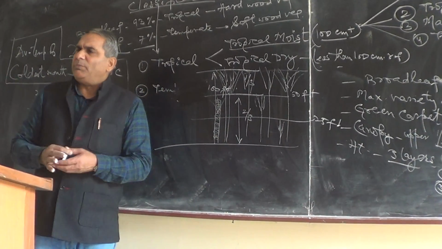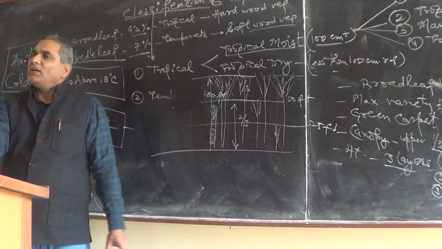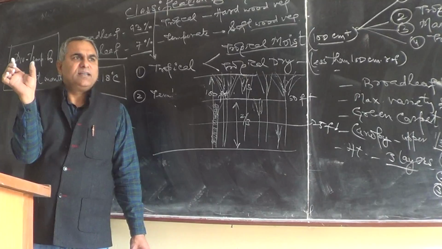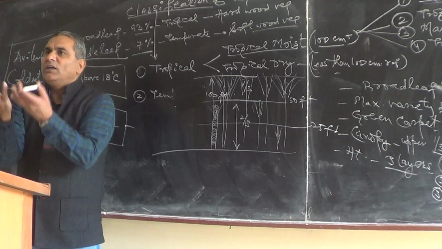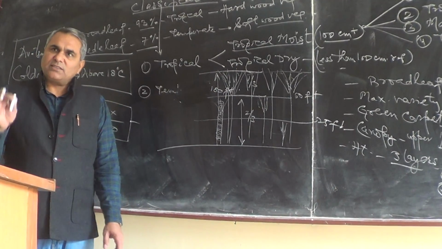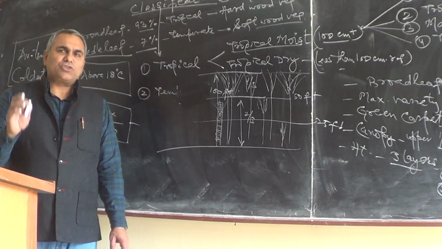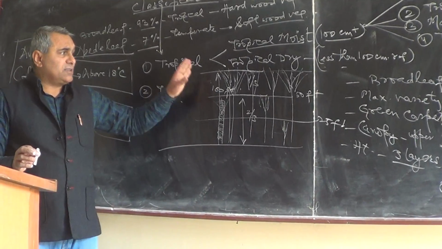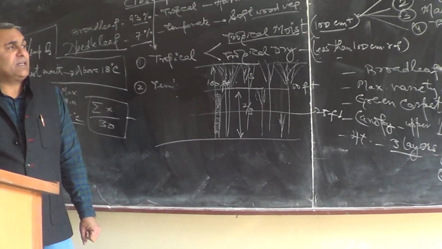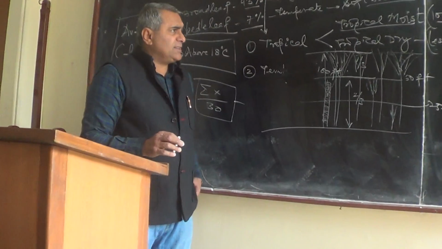You know, all the trees have moss on them all the time. Some thick layer of mosses and lichens generally develops around the trees. So trunks are covered.